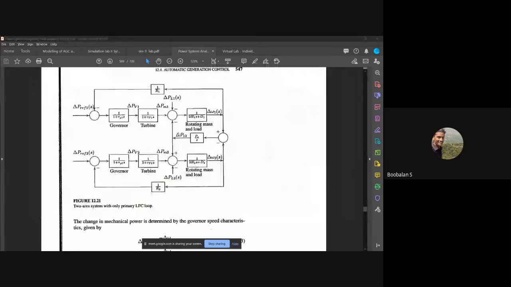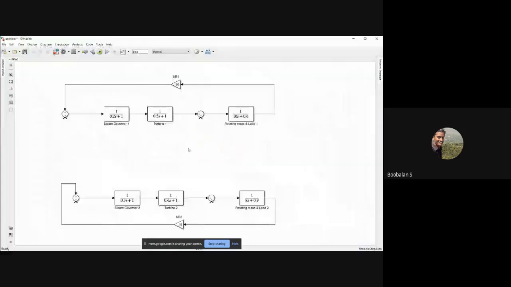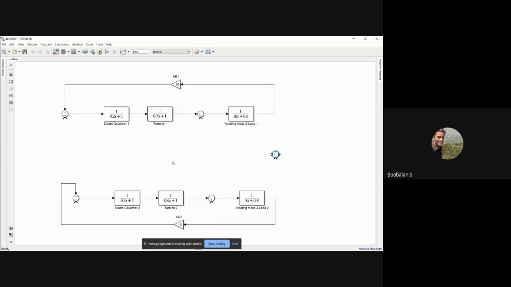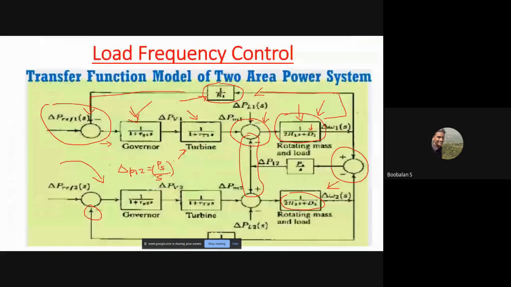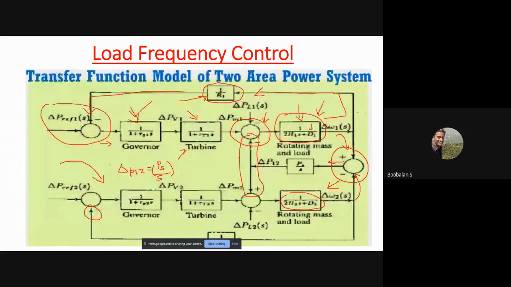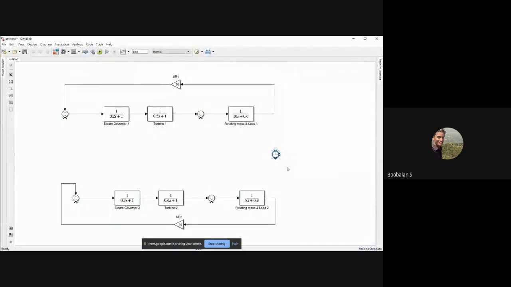Now I'm going to take a summing block, copy and paste it, and change it to plus and minus symbols. You could see the plus and minus symbols in the common block diagram: area 1 is plus, area 2 is minus. I'm going to calculate the change in frequency difference, that's why I'm going to rotate it.